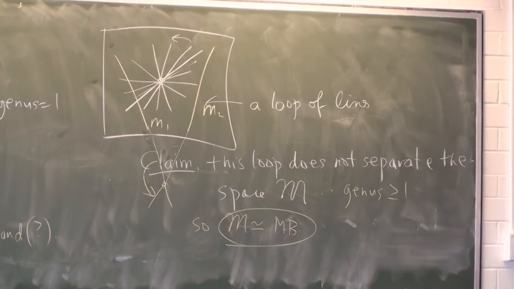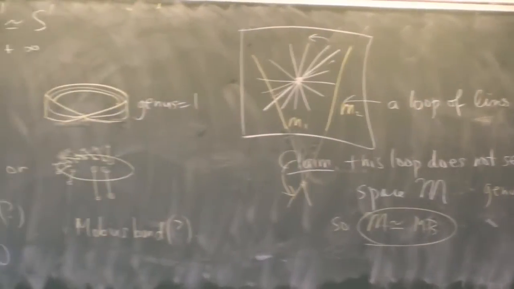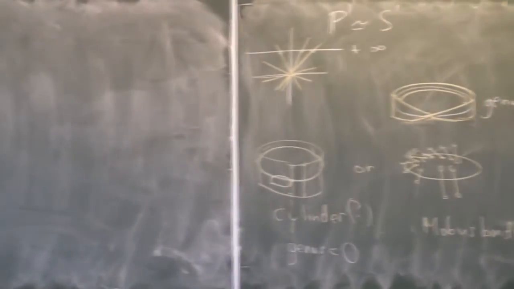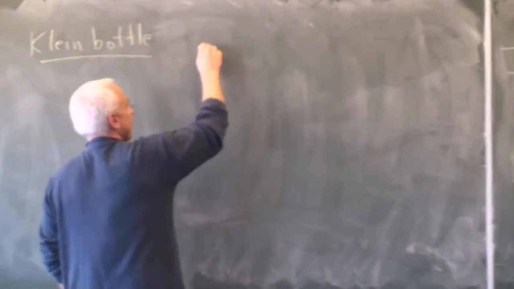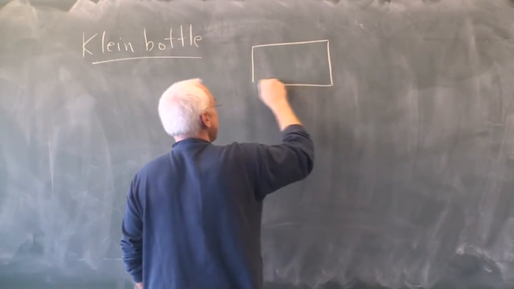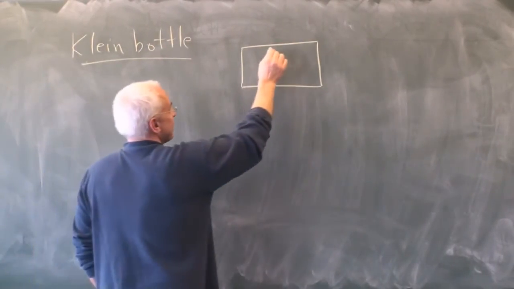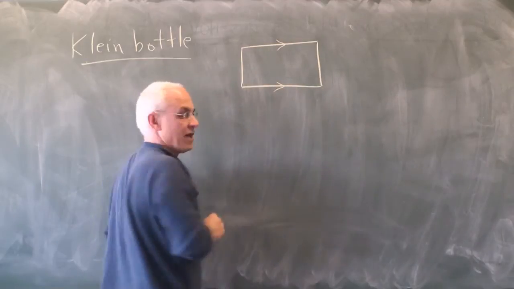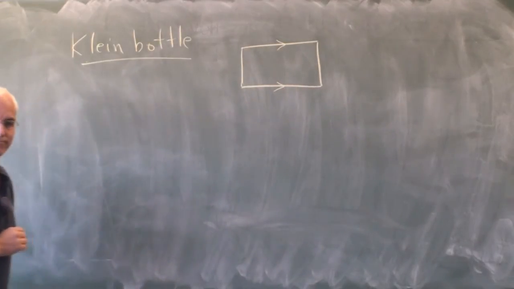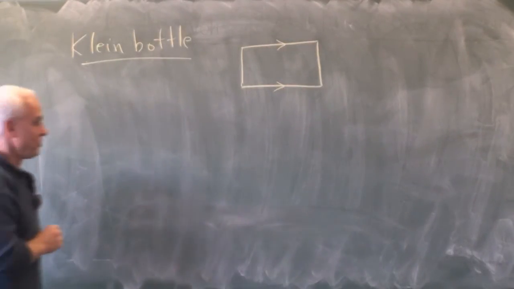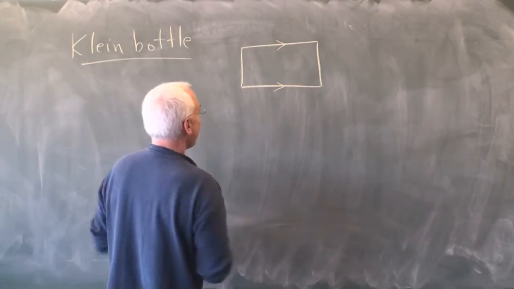Okay, so now let's have a look at the Klein bottle. The Klein bottle is what we get if we take a square or a rectangle perhaps and glue those two sides together, just like what we're doing when we do a torus.